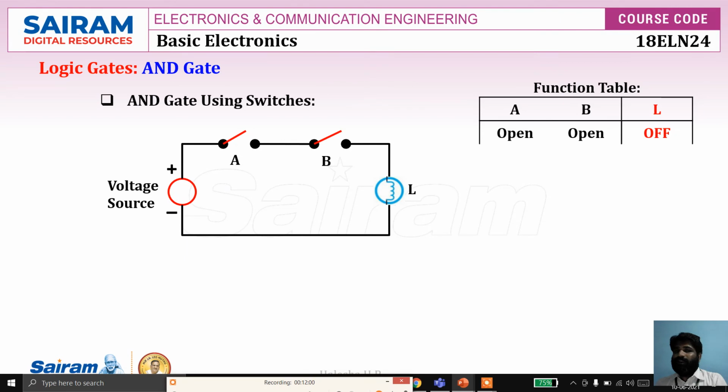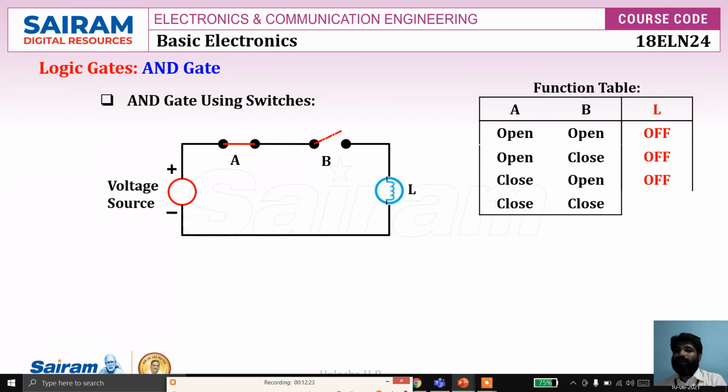Now if any one is closed, let's say A is open and B is closed, still there is no closed loop for the current to flow, so the lamp is off. Then if A is closed and B is open, still there is no closed path, current will not flow, so again it is off.